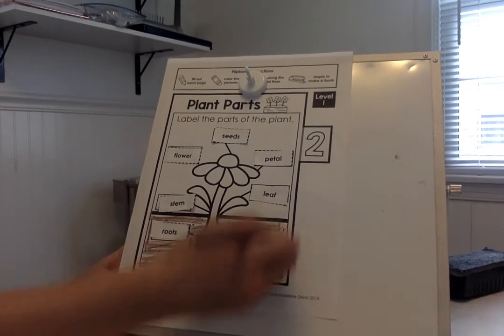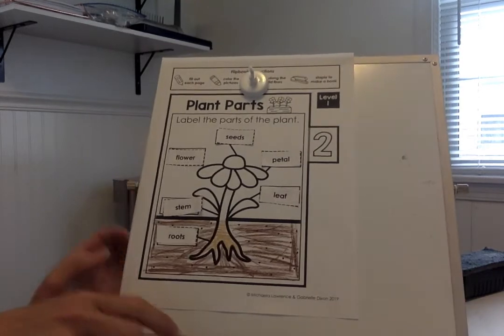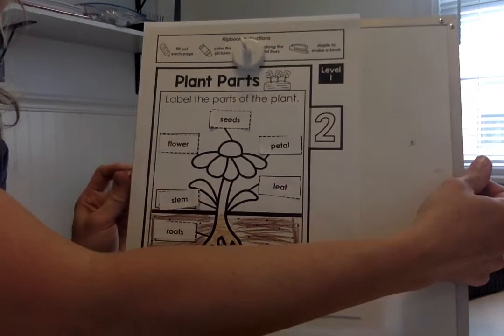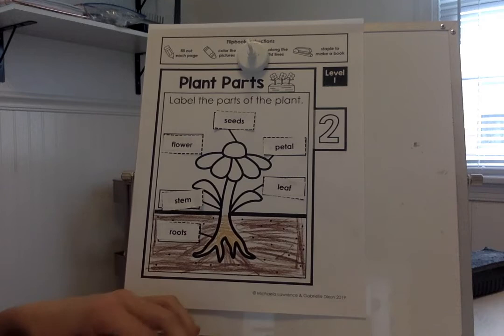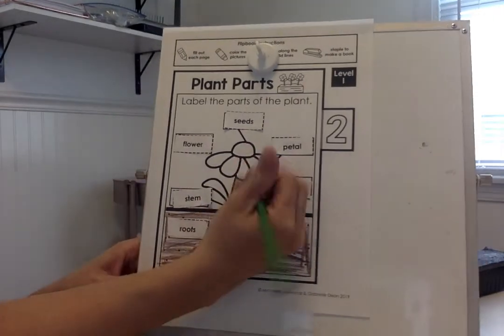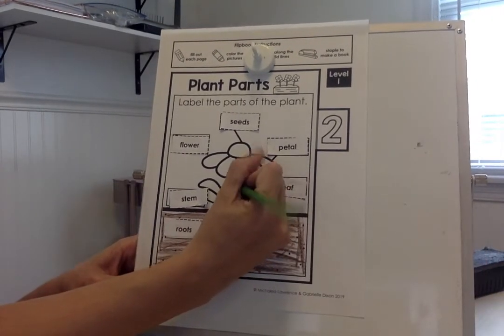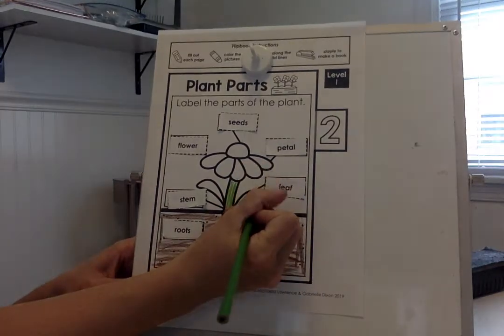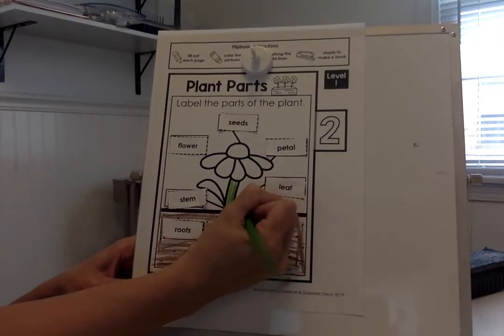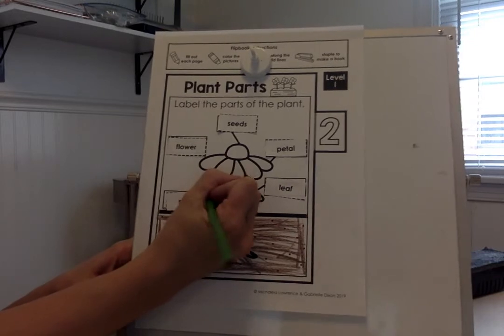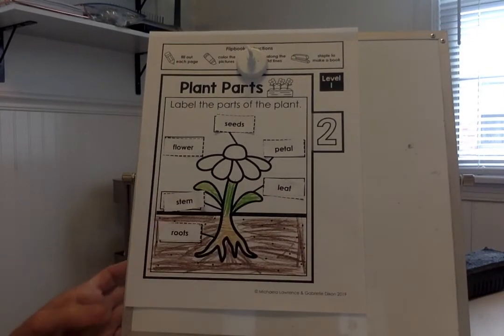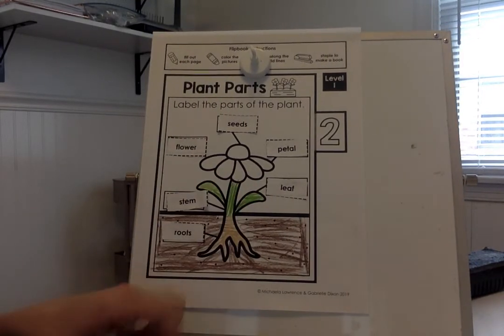All right. Good. Then what color is the stem and the leaves of a plant? Green. Good. So we're going to go ahead and color the stem green and the leaves green. And then the flower, it all depends on what you want it to be. Flowers can be any color.